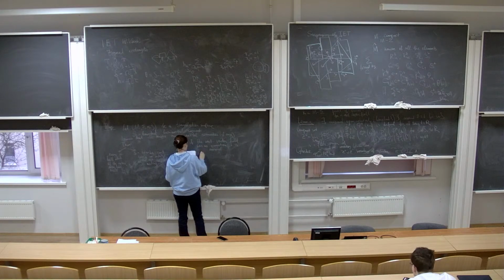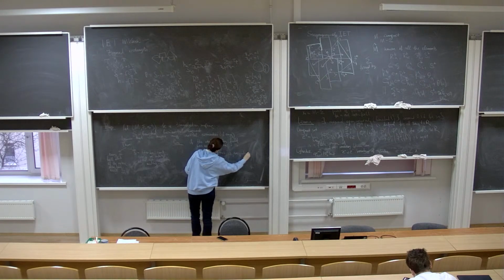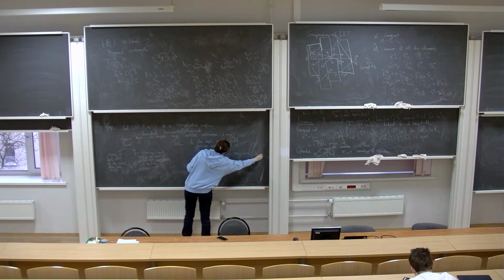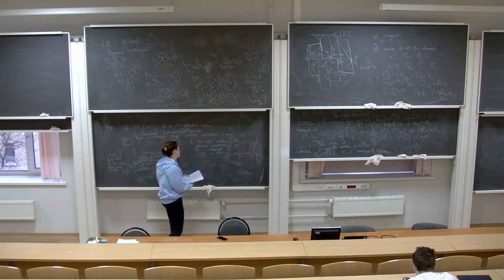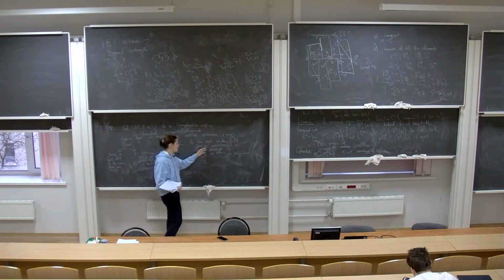Every infinite orbit is everywhere dense. What does it mean to have a connection? It means that there is an orbit such that two different singular points live on this orbit.